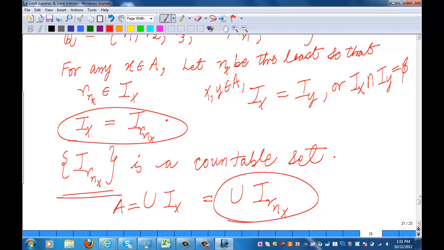Now, if I want to prove this statement, what do I have to prove? Either this or this, right? So if this does not happen, then I have to show this happens. So suppose that Ix is not equal to Iy, then I have to show that their intersection is empty.